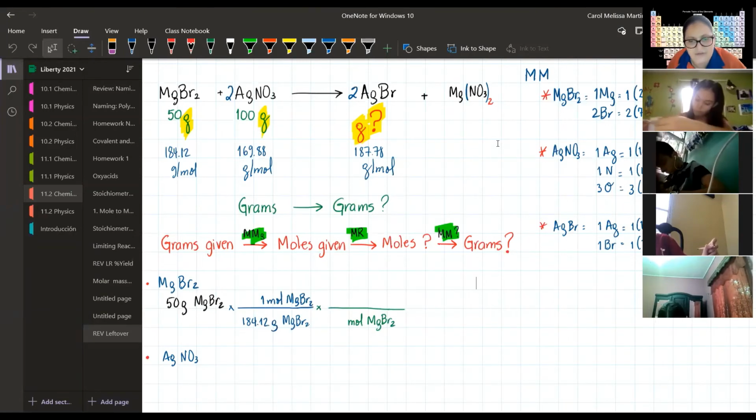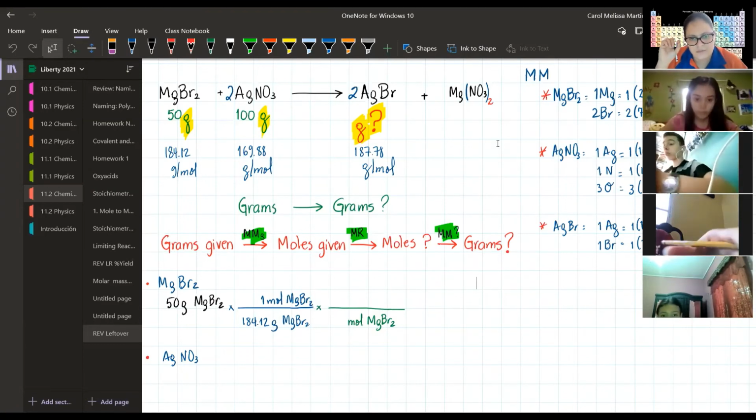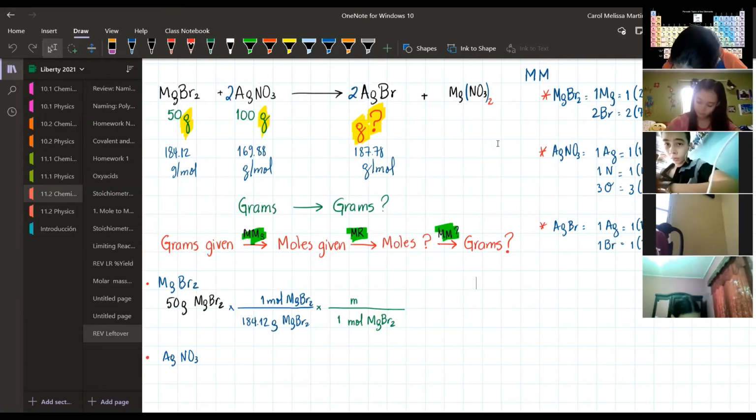How many moles I have of magnesium bromide? 1. How many moles I have of silver bromide? 2.